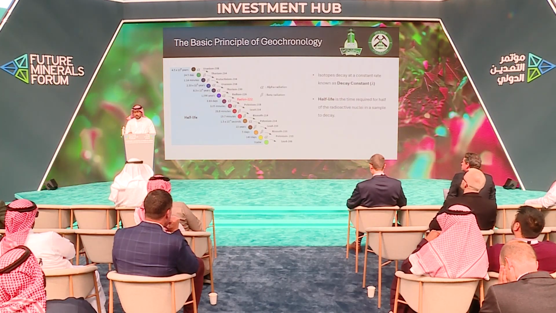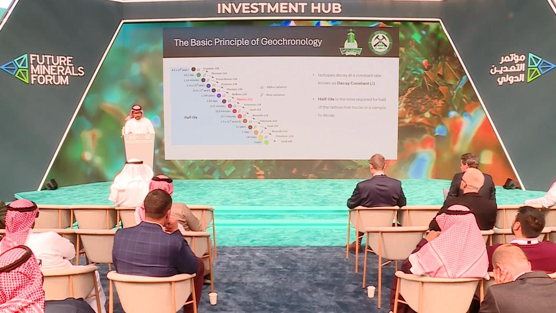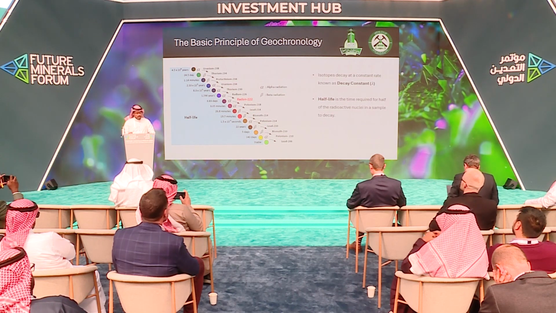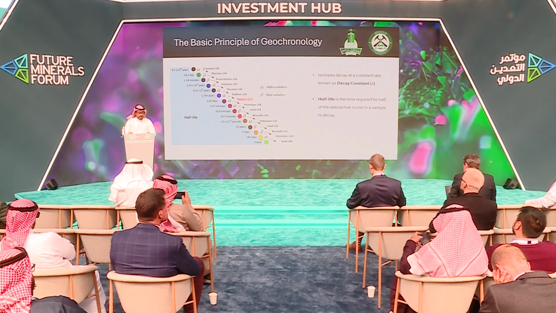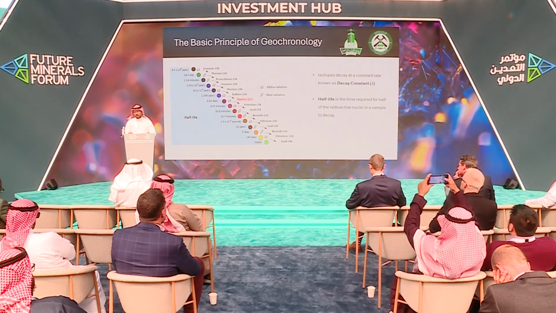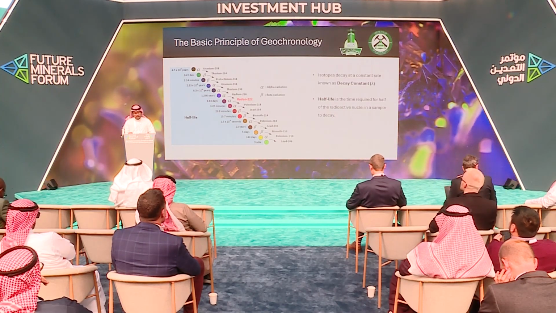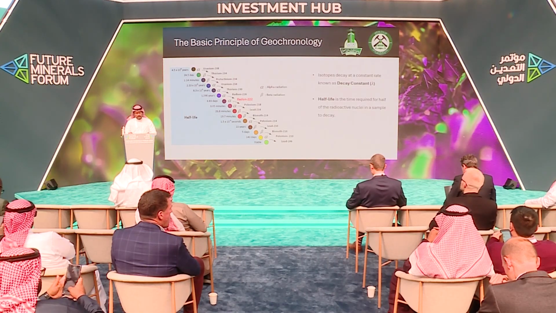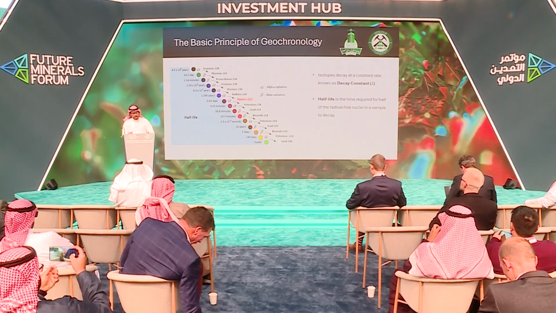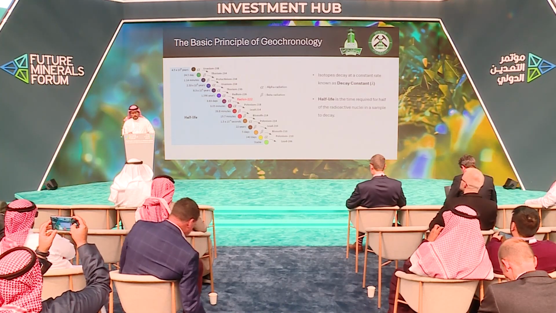Now, how can we use these isotopes for age dating? Radioactive decay happens at a constant rate known as the decay constant. The time it takes for half of a radioactive substance to decay into its stable form is called the half-life. Some isotopes like uranium-238 have long half-lives, around 4.5 billion years, making them ideal for dating the oldest rocks on Earth.